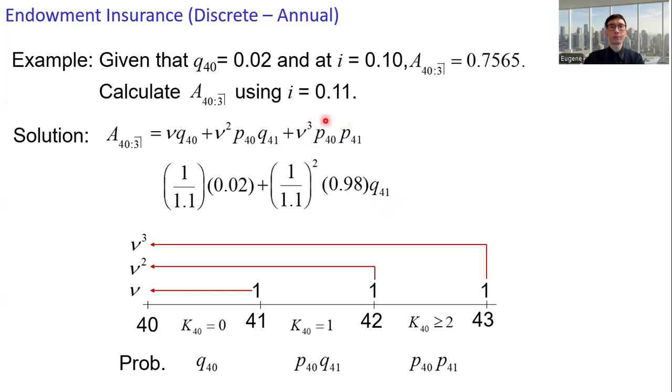And then the last term, p_40 is again 0.98, and then we need the quantity for p_41. So we need to get q_41 and p_41, but p_41 equals 1 minus q_41. And the expected value for this endowment insurance is 0.7565. So from here, we can get the value for q_41.